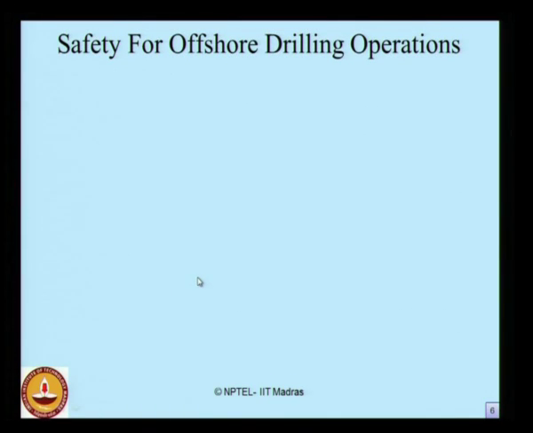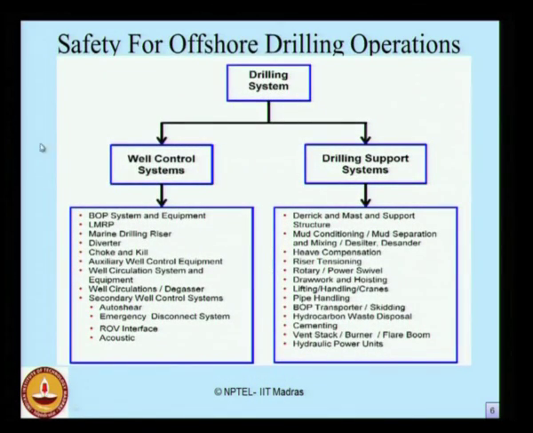If you look at the safety measures related to offshore drilling operations, they can be categorized easily using this flow chart. The drilling system essentially consists of two control mechanisms. One is what we call the well control systems, that is, the control systems available in the well. The other is the control and support systems available on the drilling area. Combined together, they are what we call the drilling system.